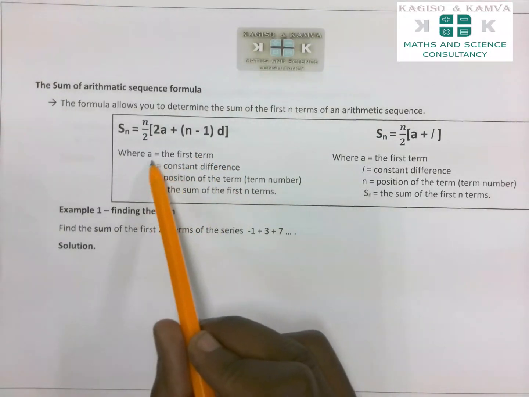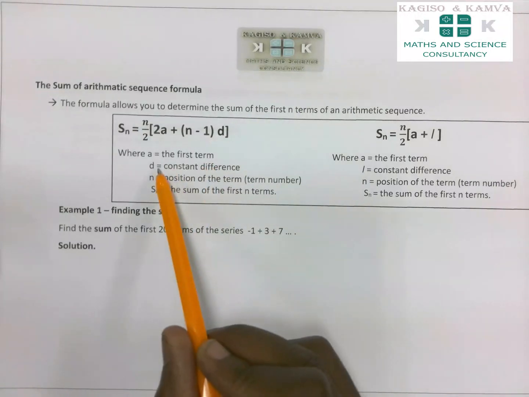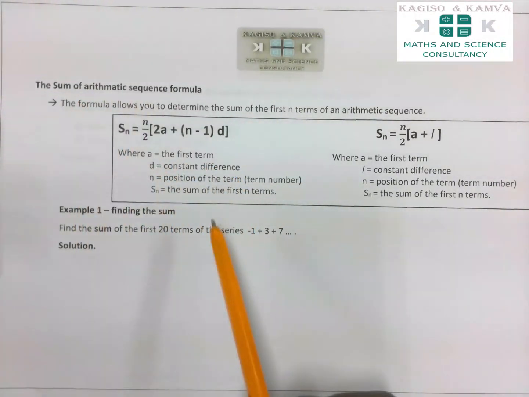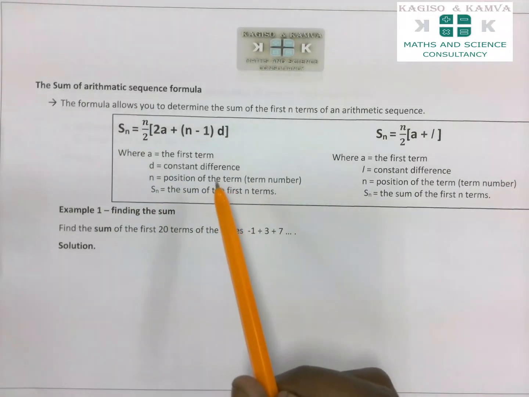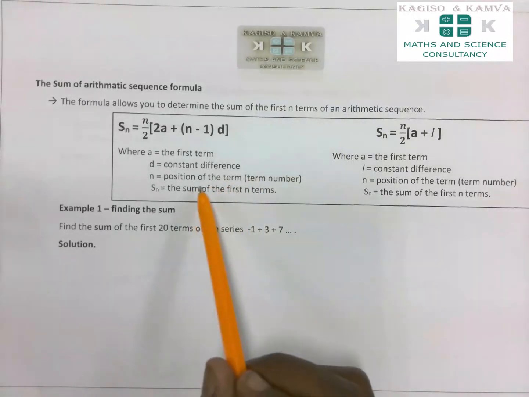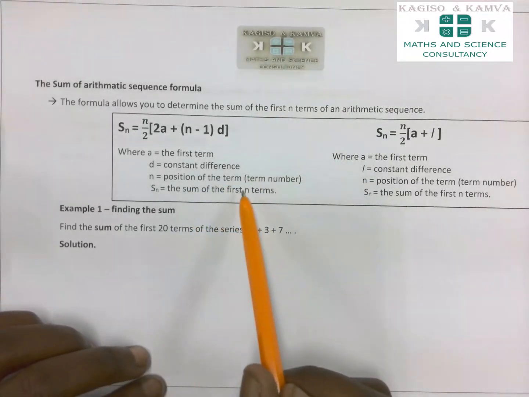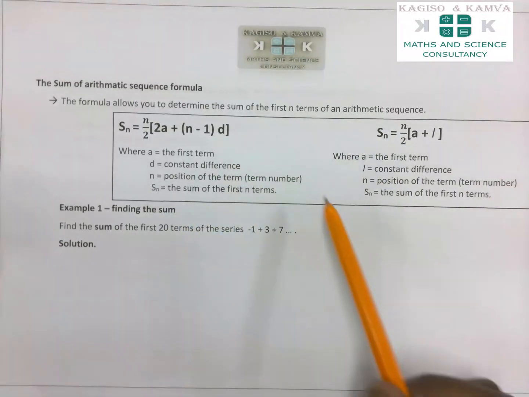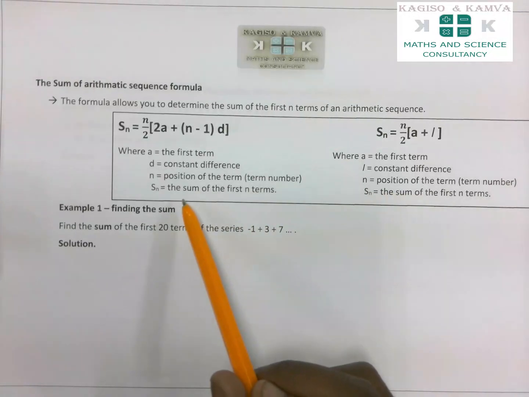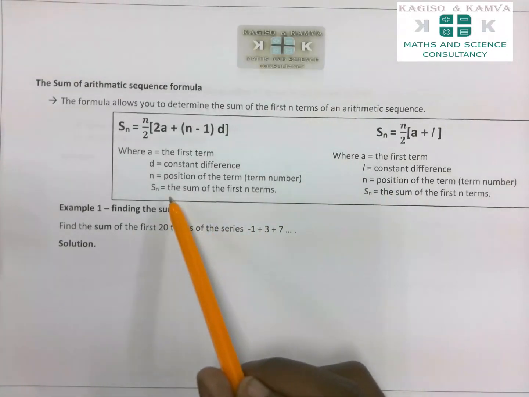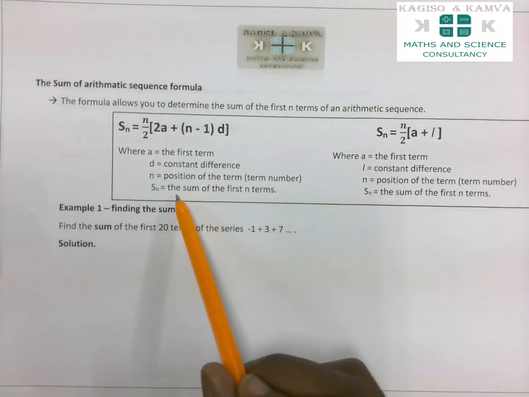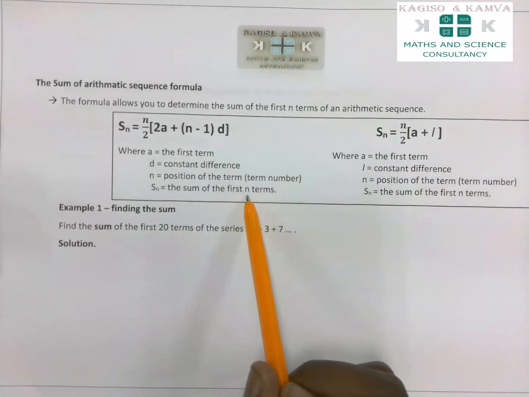Where a is the first term, d is the constant difference, because we are working with an arithmetic sequence, and n is the number of terms. Sn is the sum of the first n terms.